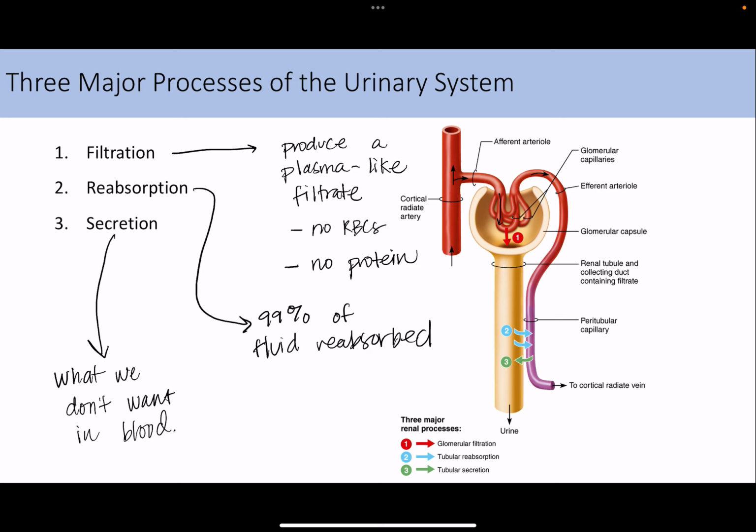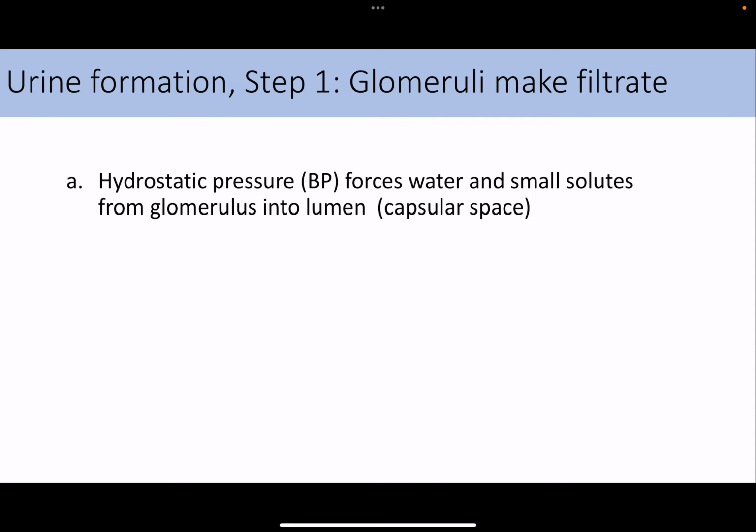How fast the blood is moving through is going to cause that hydrostatic pressure. So hydrostatic pressure is going to force fluid out into this capsular space.